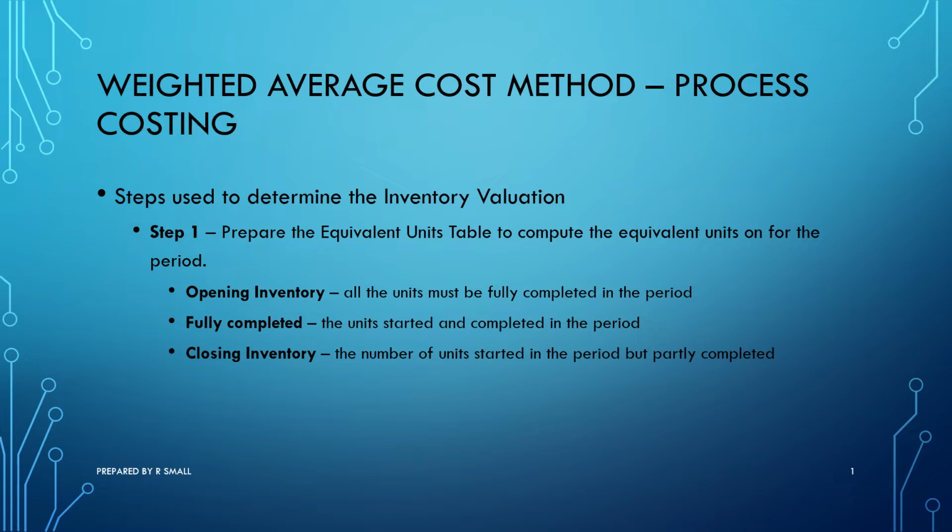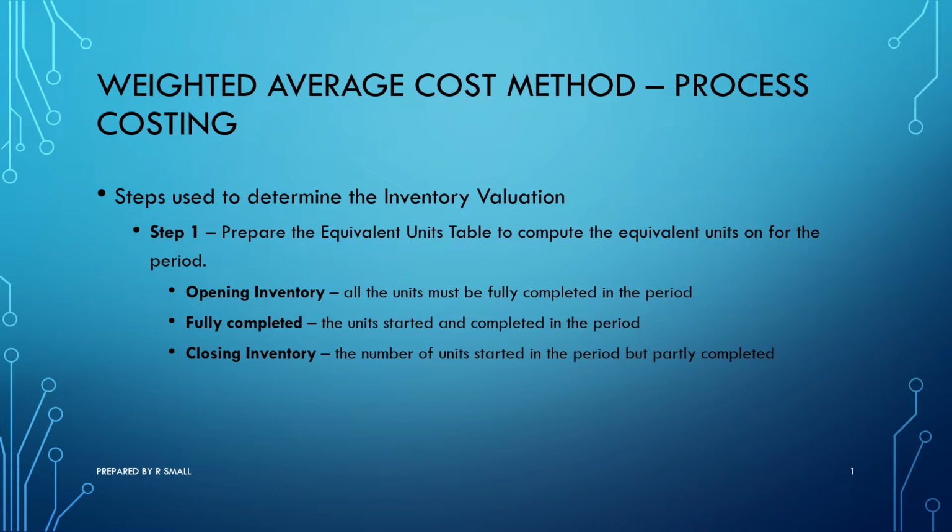Again, just like FIFO, on the AVCO you also have to prepare the equivalent unit table to compute the equivalent units for the period. You have to calculate those equivalent units for opening inventory, fully completed, and closing inventory, just like the FIFO method.